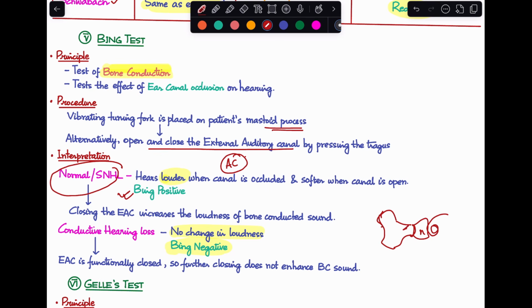In a conductive hearing loss, we already have some kind of blockage over here. So when you press the tragus inwards, there is no real effect. The air conduction that we mean to block is already absent, so there will be no appreciable change in loudness for this patient. It will not enhance their bone conduction. So, this is about Bing's test.